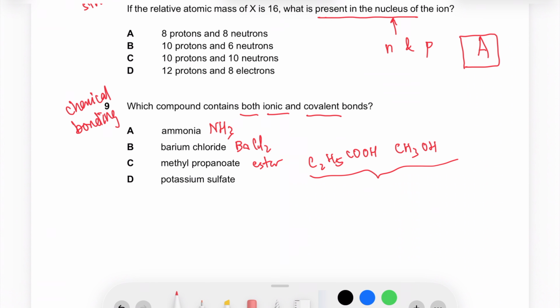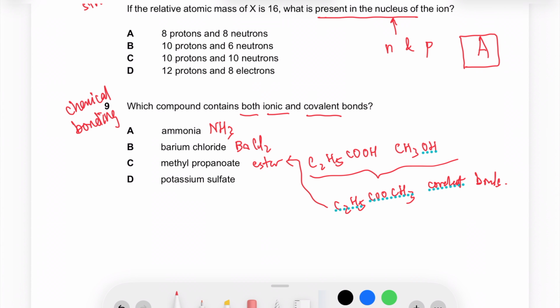So when they react, you get C2H5COOCH3. Okay, but all you need to know is that it is made out of covalent bonds. Okay, so it's for this.